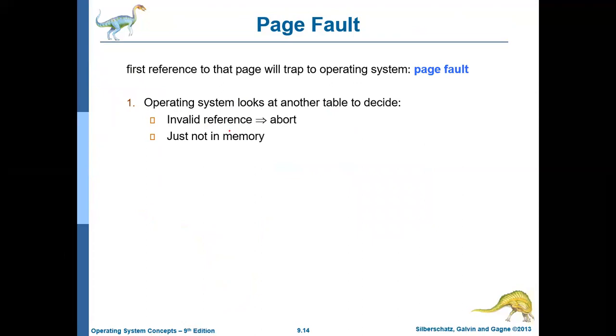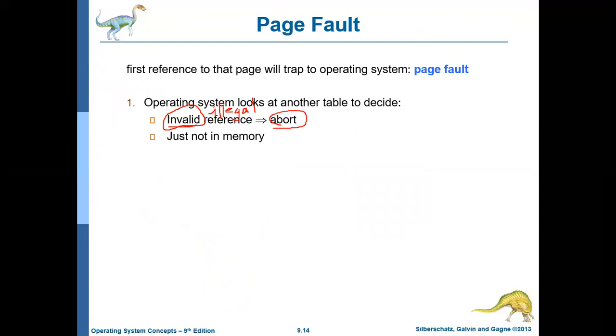First the operating system checks whether it is a valid reference or not. If it is invalid, here the more appropriate term is illegal. If the particular process is not supposed to access that particular page, in that case the operating system will abort that process. It will terminate that process.